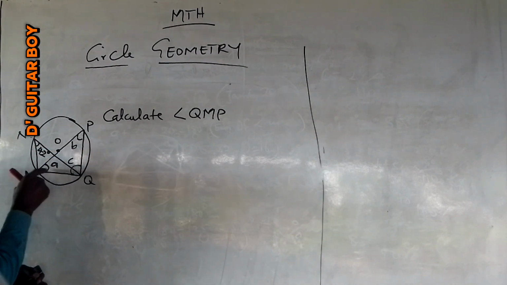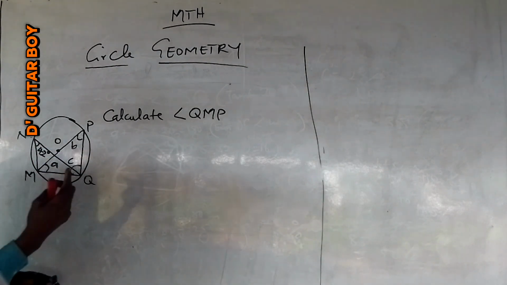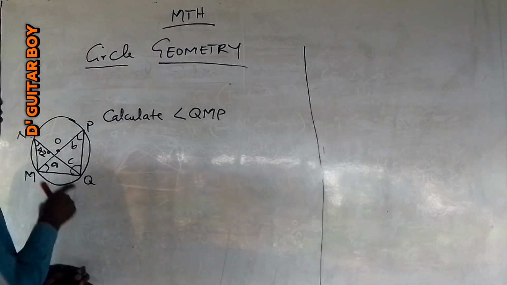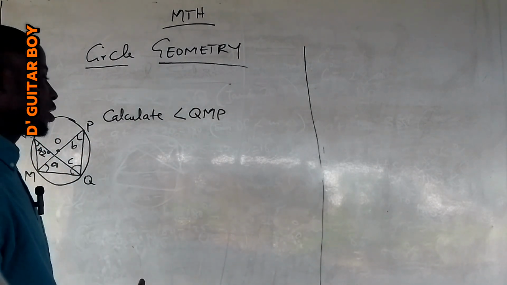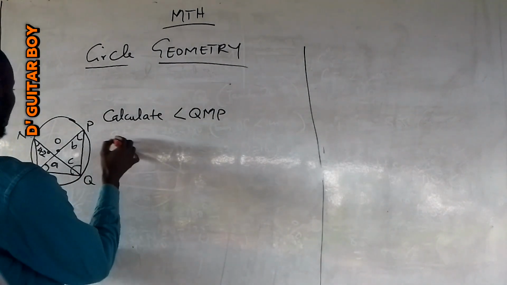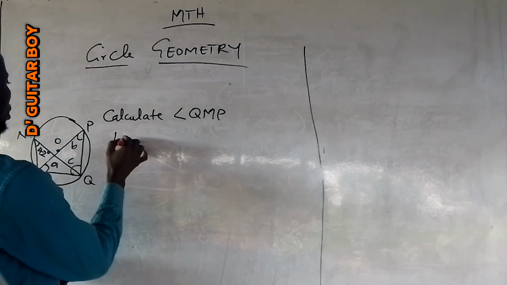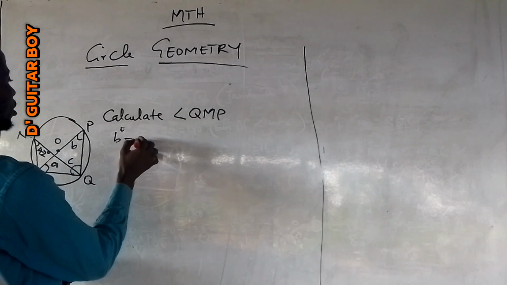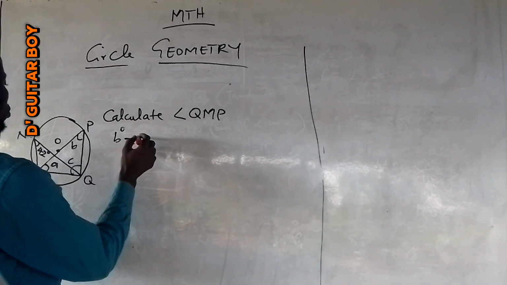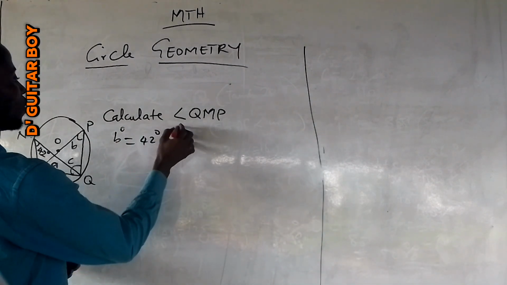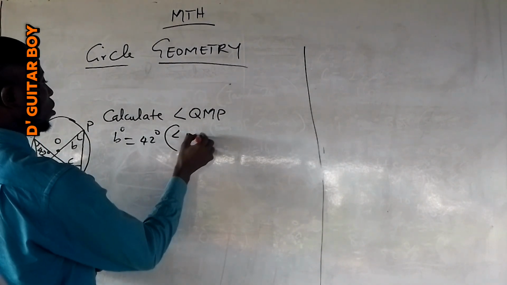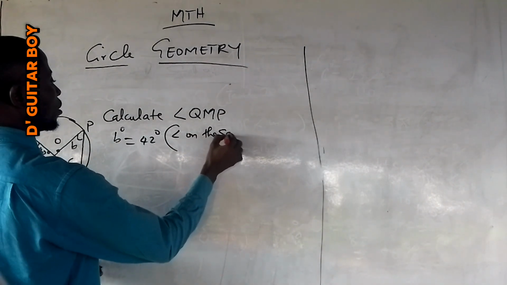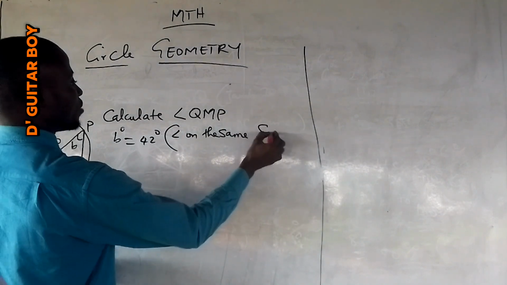Once we get these two, we can always get this one by saying the sum of the angles in the triangle, because everything here is a triangle, is equal to 180 degrees. So from there we now say B is equal to 42 degrees. What's the reason? Angles on the same segment.